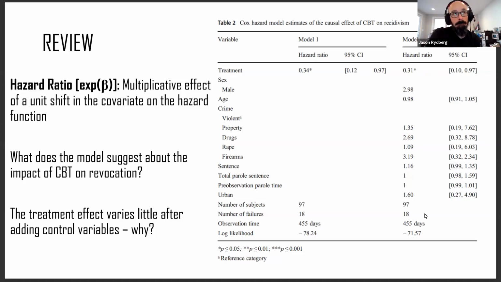So why is it in this case that the hazard ratio for the cognitive behavioral treatment effect barely changes at all after incorporating all of these predictors into the model? So think about that for a moment.